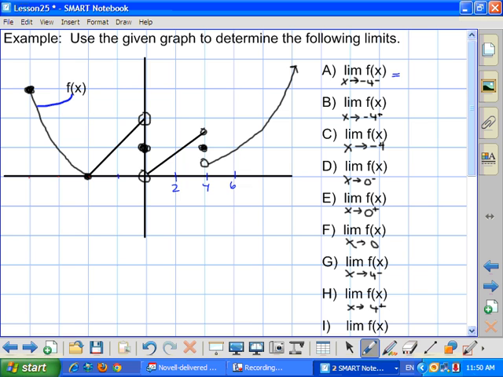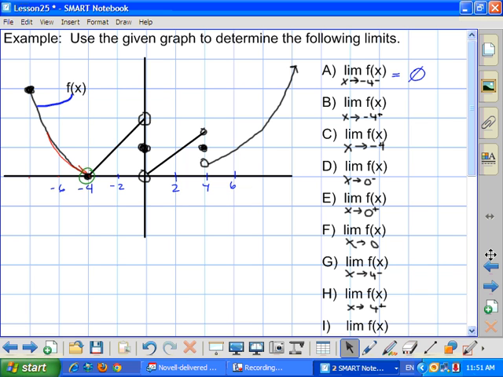My mistake, apologize. So approaching -4. So I'm going to come down my graph, heading towards -4. All right. As I approach it, it appears the value is going to have a y value of 0.